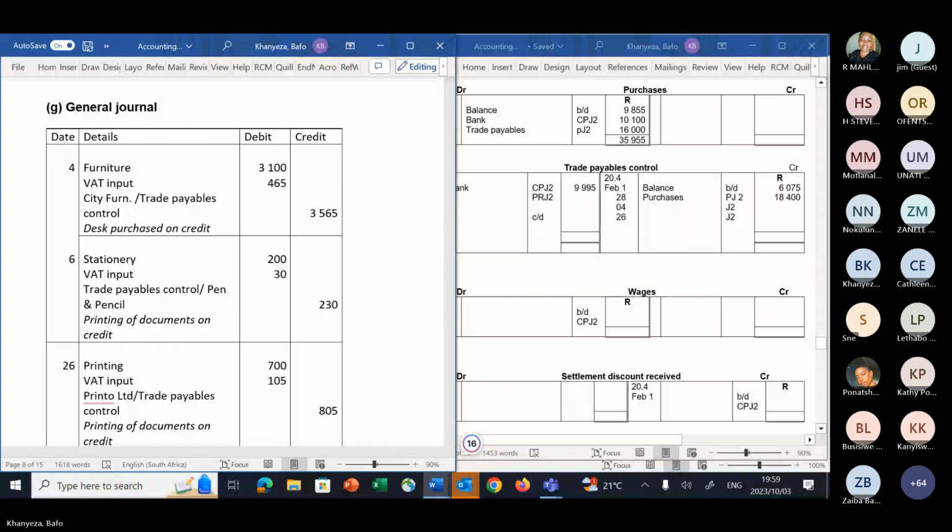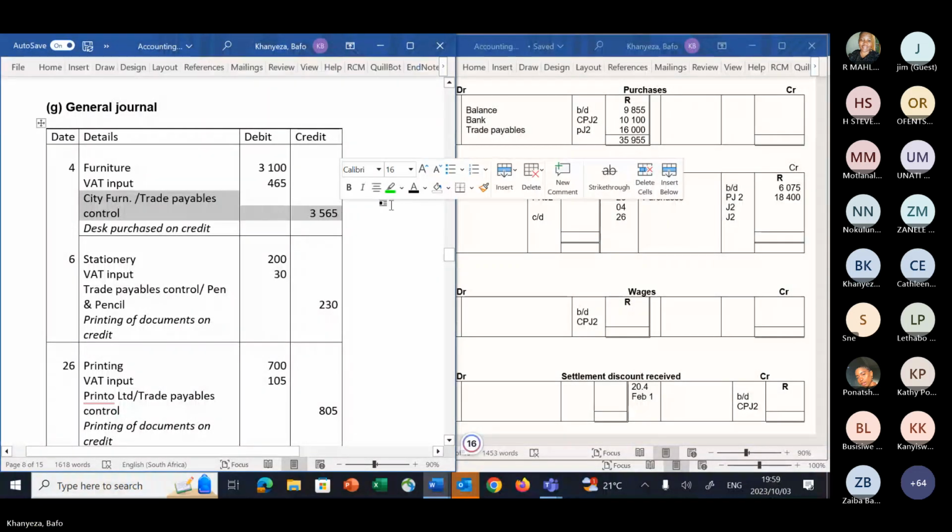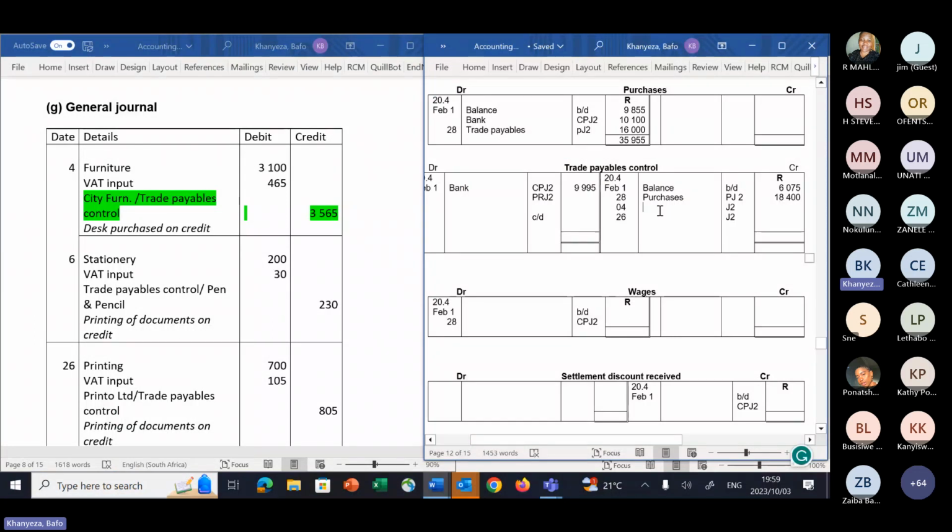So here it is, this is the general journal. In fact, in a general journal, it pulls out automatically. It's not necessary that you transfer it. If you put a journal through, it goes to the ledger straight.